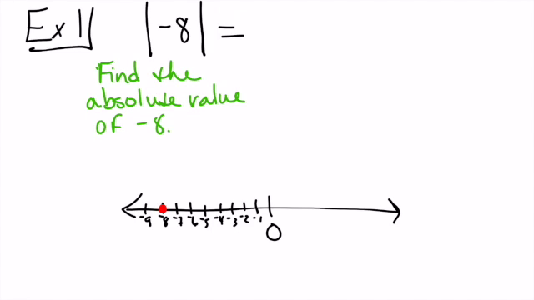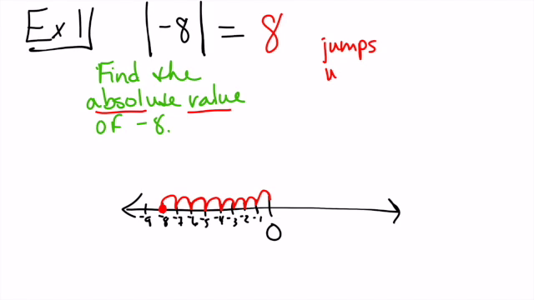So we want to know how far away is it from 0, because absolute value is the distance from 0. So we start at -8 and we jump back to 0. 1, 2, 3, 4, 5, 6, 7, 8. So the absolute value of -8 is 8. Now it is a distance, so you can say 8 jumps.